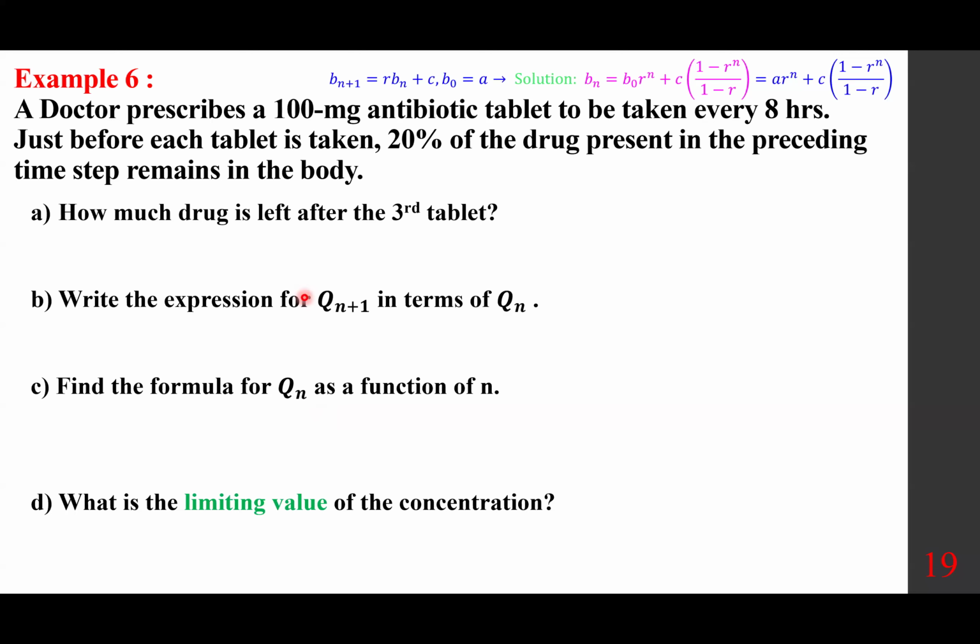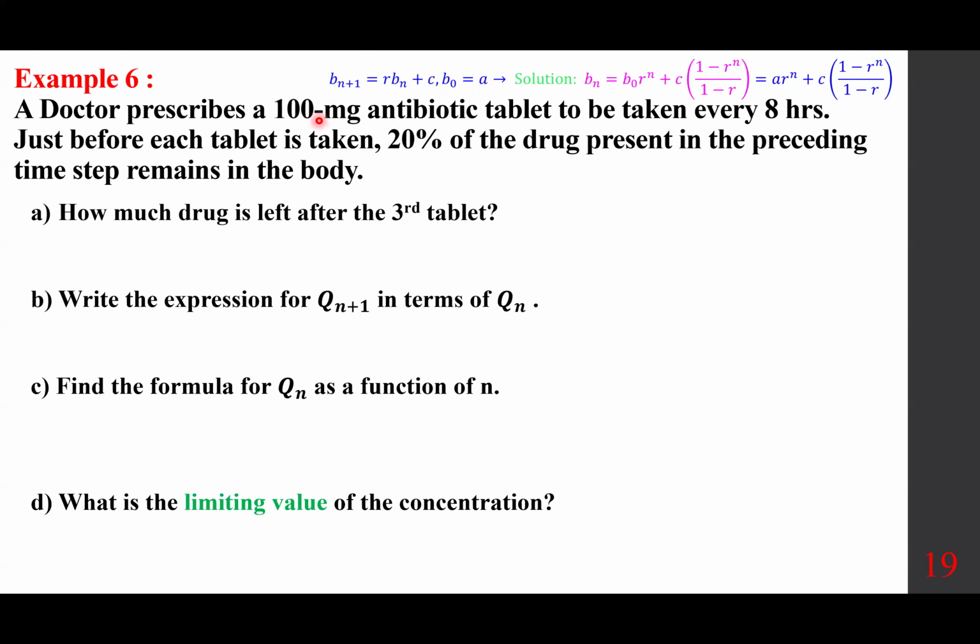The moment we see Q sub n plus 1, that means instead of B, use Q, everybody. So before we start, we are going to write the given. We are dealing with patients and medications. B sub 0, in this case Q sub 0 or A, is normally 0.